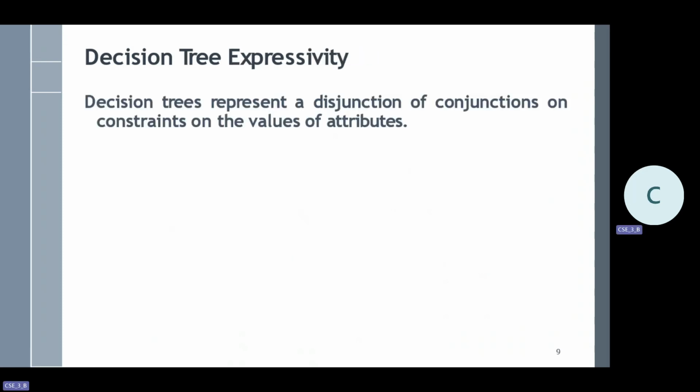Once we realize how it is constructed with the algorithm, it will be very clear how to construct a decision tree and how it can be used for further classification. Decision tree expressivity: a decision tree represents a disjunction of conjunctions of constraints on the values of attributes.